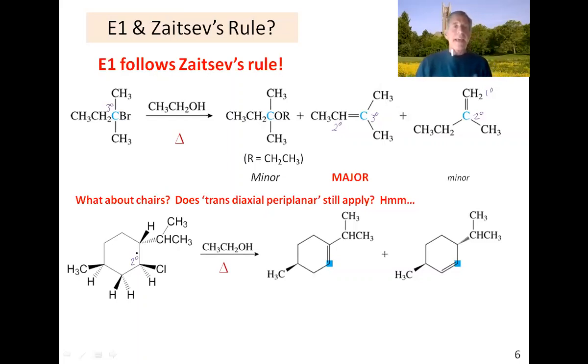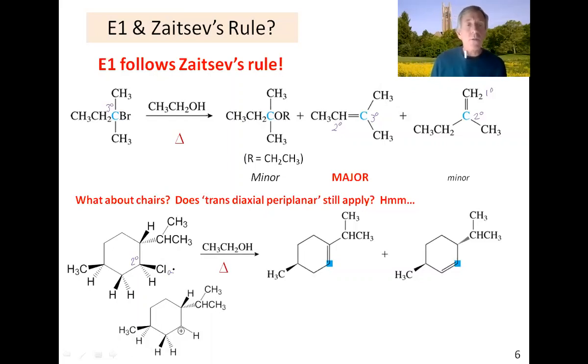But if I have this reaction, notice I want this leaving group to be axial. I don't care. I don't care. Because look at what happens to it. It's gone. So it doesn't have to be axial anymore, and everybody else doesn't have to be transdiaxial. Because I have now a carbocation.